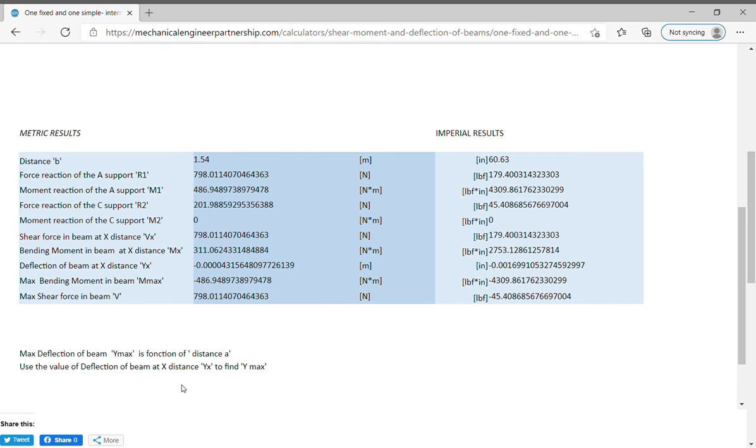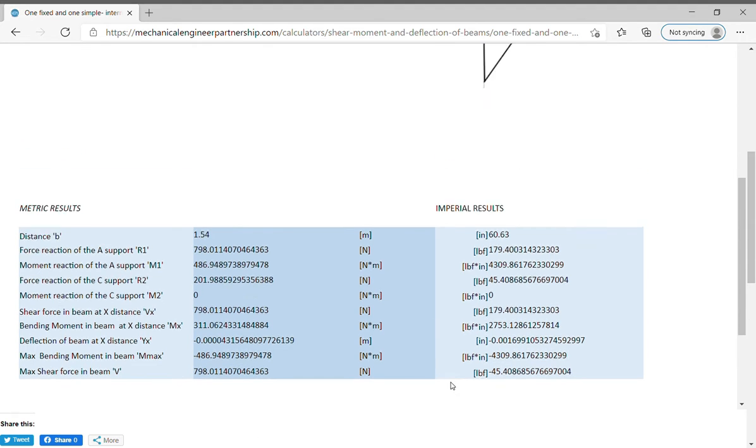Use the value of deflection of beam at x distance to find Ymax. Maximum bending moment Mmax and maximum shear force Vmax are used in the calculation of normal and shear stresses. See the pages with stress calculators.